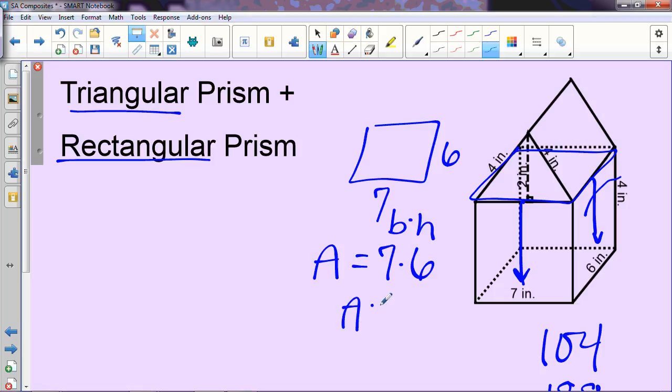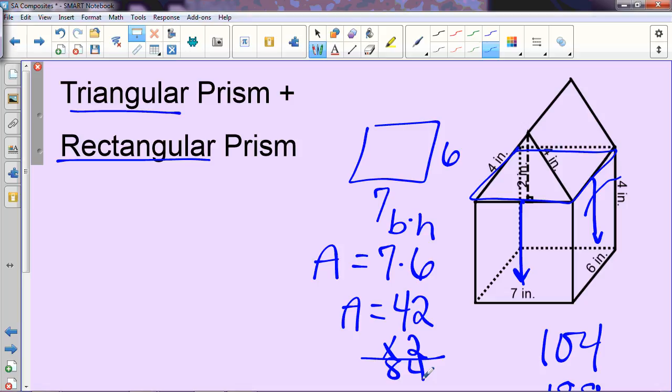That's going to give me my area of the base is 42. But think about it, if I have that triangular prism on the top, that has an area of 42 as the bottom piece, and then the rectangular prism on the bottom has the area of 42 on the top piece. So I actually have to multiply that area by 2 so that I account for both shapes. 42 times 2 gives me 84.